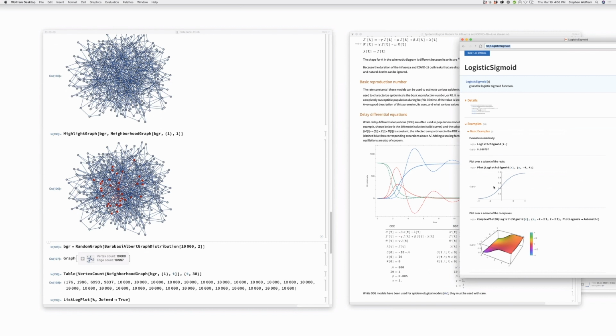Okay, so coming back to how do you make these models? There's presumably an interaction between physical, spatial geography, so to speak.